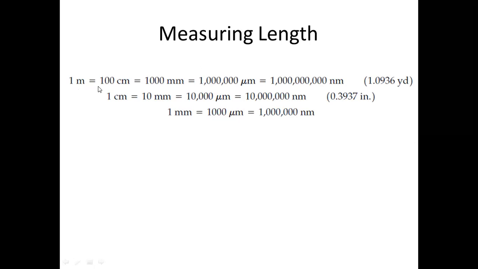And if you convert how many millimeters are there in 1 centimeter, just divide by 100. 100 divided by 100 becomes 1, 1000 divided by 100 becomes 10, and the zeros are left, and this is how 1 centimeter equals all these units.